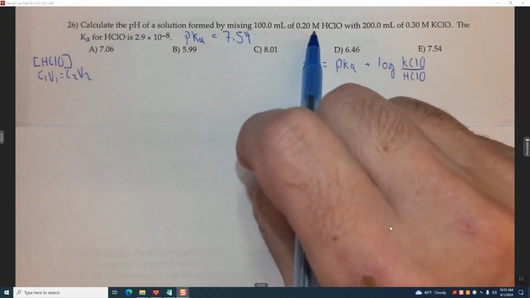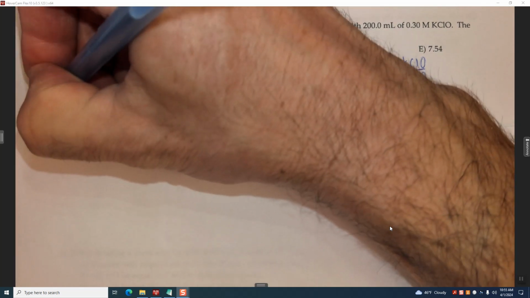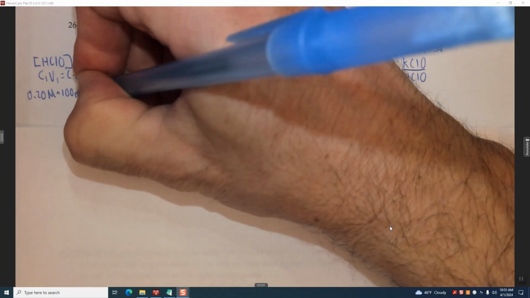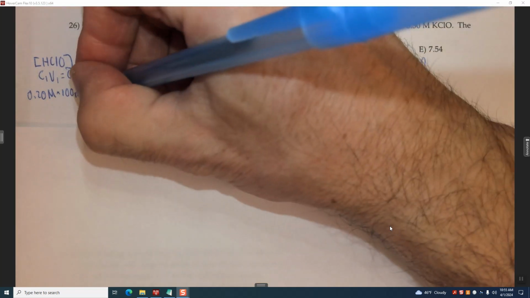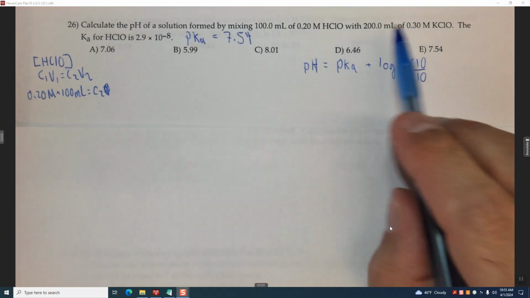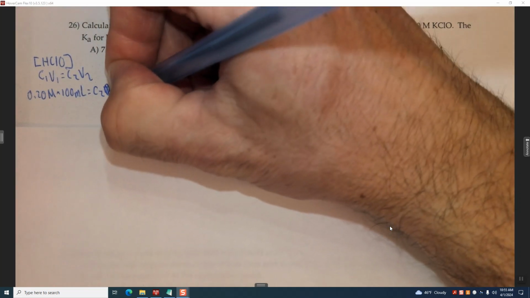So the initial concentration is 0.20 molar times the initial volume we used, 100 milliliters. C2 is what we're trying to figure out. The V2 is the total volume, 100 plus 200, or 300 milliliters.